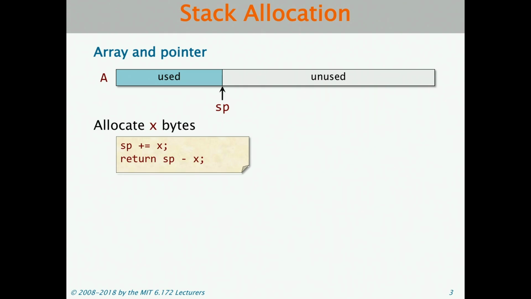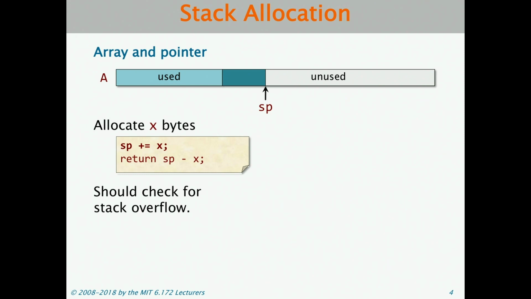If you want to allocate X bytes on the stack, all you do is increment this SP pointer by X. And then, of course, you should also check for overflow to make sure that you don't go off the end of this array, because if you do, you'll get a segmentation fault.